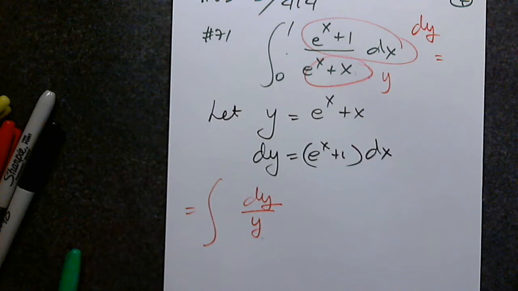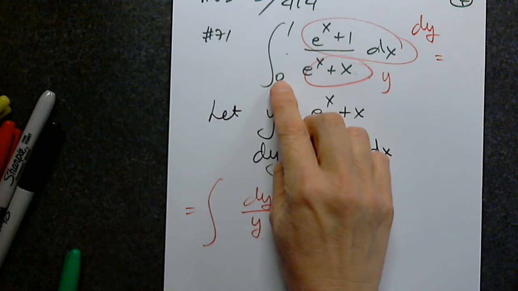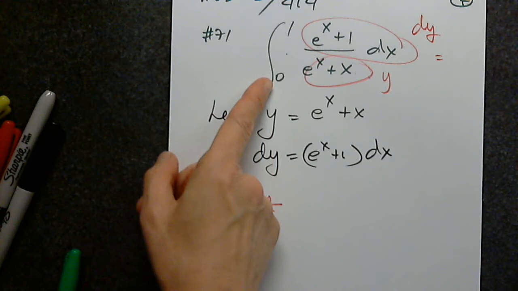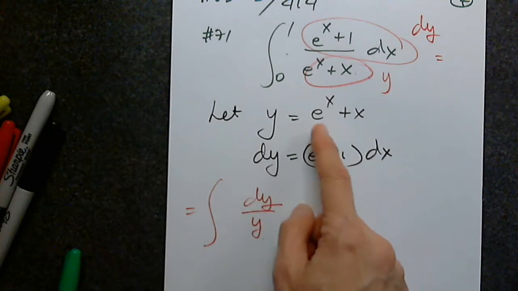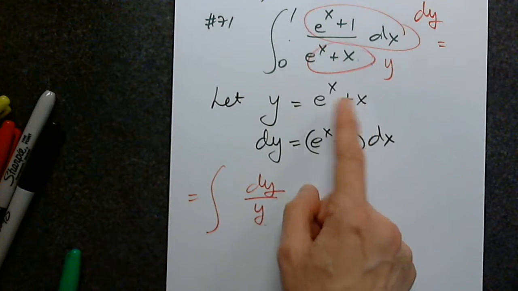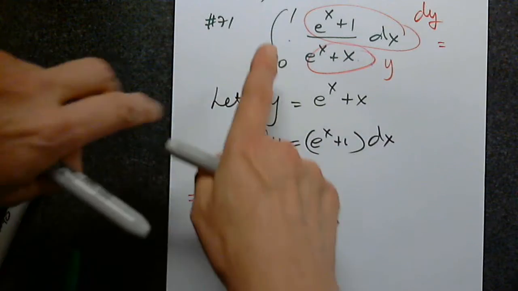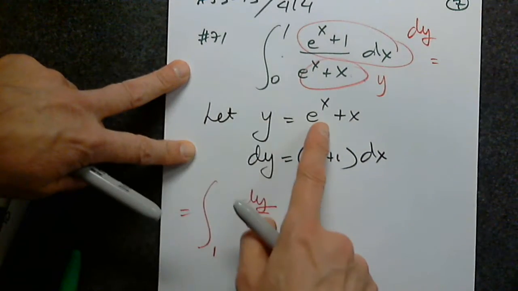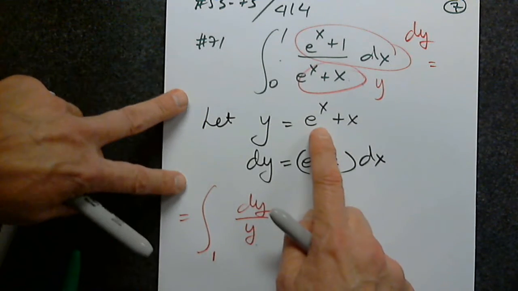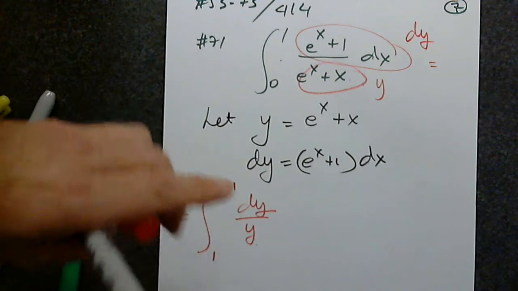Because we moved from x to y, we cannot copy the limits of integration anymore. So, careful. When x is 0, what will y equal to? So for the lower limit of 0, for x equals 0, how much is y? Careful. 1 plus 0. Good. When x is 1, how much is y? E plus 1. Very good.